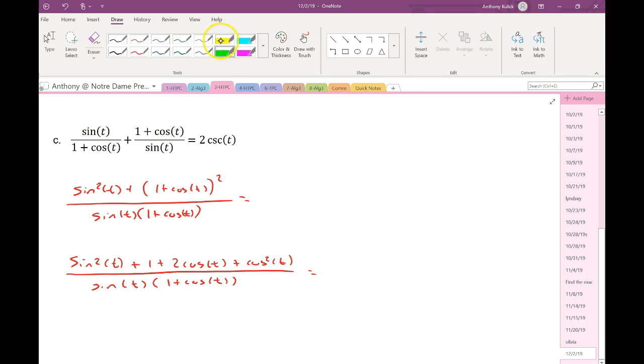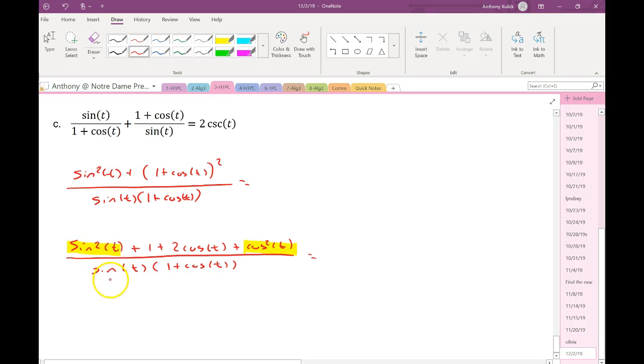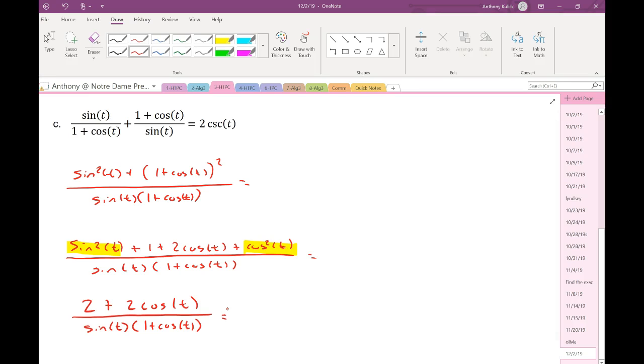But yeah, because it's plus. What I can do, though, I have a sine squared plus cosine squared. That's just going to be 1. Yep. So I have 1 plus 1. That gives me 2. Everybody's good there?